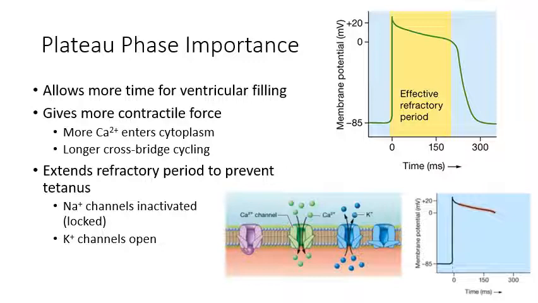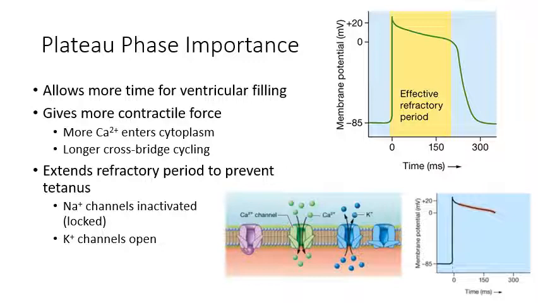That's important because cardiomyocytes need to complete an action potential and return to rest before they begin the next one, so that they have a period of time where they're relaxed. If the ventricles do not relax, then they cannot fill with blood. If they just contract and remain contracted, they're never going to be able to fill up with blood and the heart isn't going to be able to pump more blood.